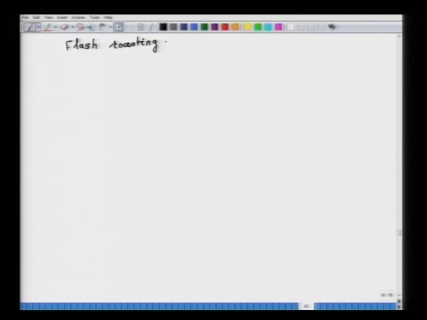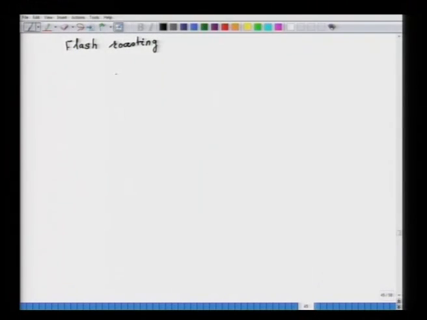Now, in flash roasting, the finely divided sulphide concentrate plus air, that is a mixture of both, is passed in a reactor, and there the roasting occurs. So, for example, this is the reactor.